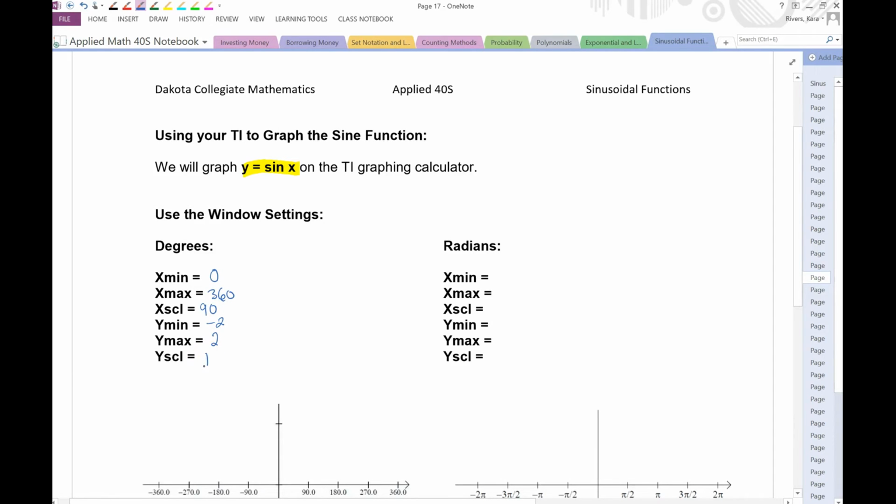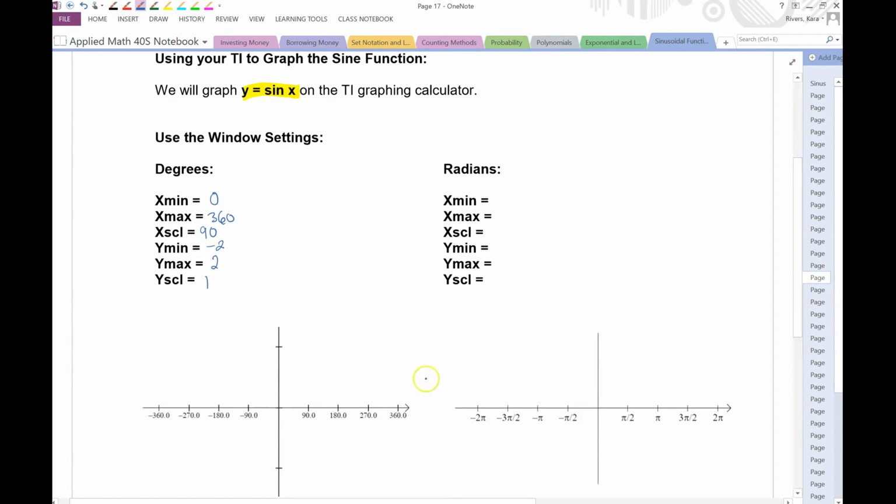Now, the way I have it set up, you're actually just graphing this part. If you want to go from -360, you can always change this to -360, and then you get the whole graph shown. Okay? So, depending on what you want to actually look at in terms of your graph. But if we just start at 0, we can see what's going on with the rest of it.